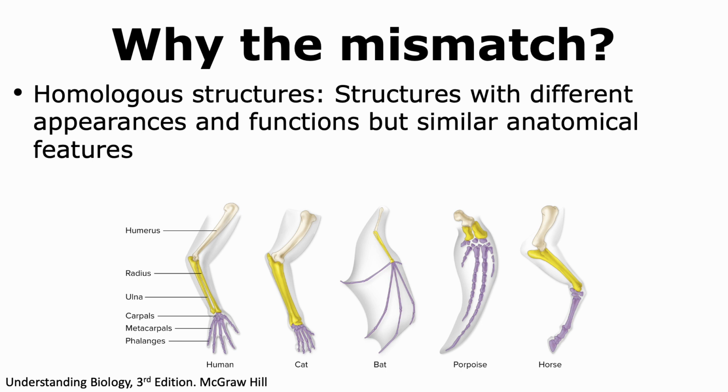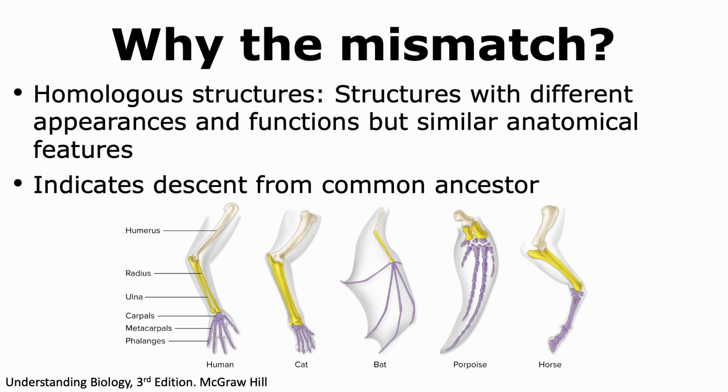We can all agree that the forearm of these different animals are used for different purposes. However, when we look at their anatomy, we can see that they are made of similar types of bones that are arranged in a similar fashion. Thus, these are homologous structures.